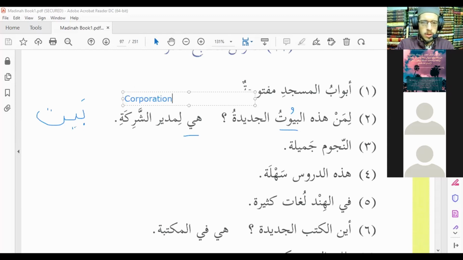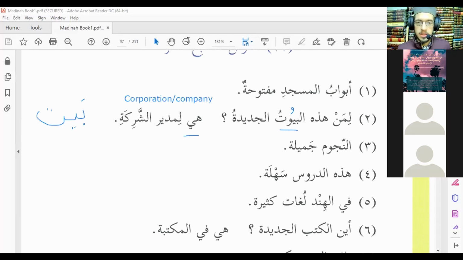Or corporation or company. Literally from shirk, right? You guys know shirk. Sheen, ra, ka is to join partners, right? And so all shirk in religion is bad, of course, but the shirk in trade is like sharika. It has to do with a partnership or a corporation or company.